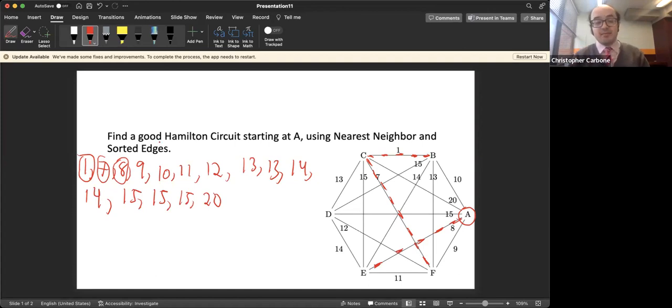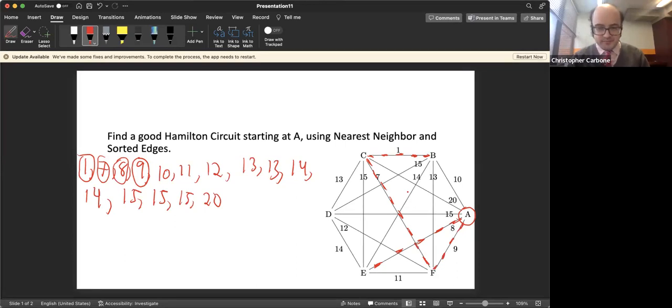So now, the next one here is a 9, which actually does connect to the A, which is always a good thing. Based upon what we already have, it connects down to F, up to C that we already drew, over to B, which we also already have. So that's starting to complete the portion of the circuit. So we definitely want that one. So this edge here with a weight of 9.